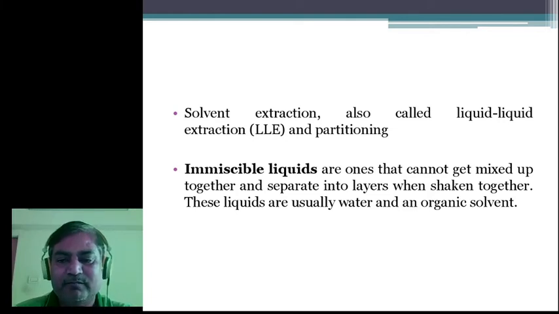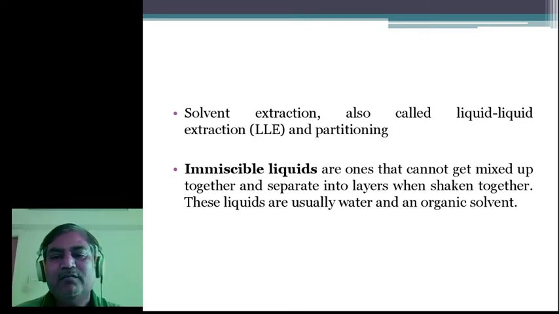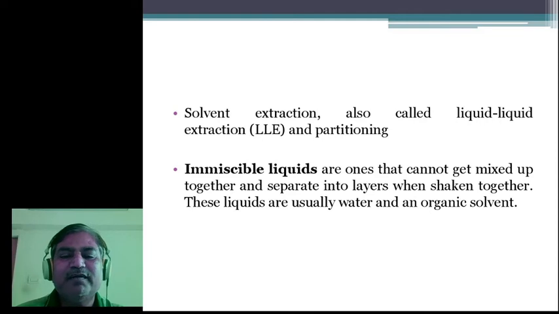So in the solvent extraction process we are using two solvents which are immiscible with each other, having a difference in their density, and these liquid extraction solvents are used for separation of different types of solids.